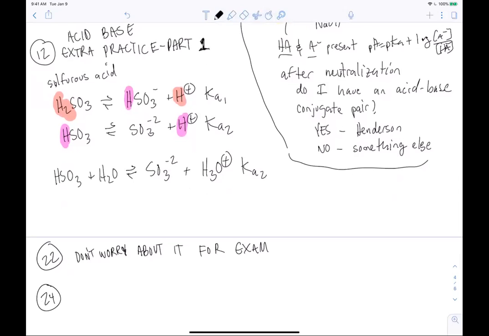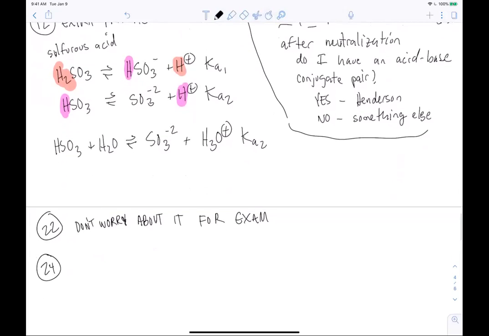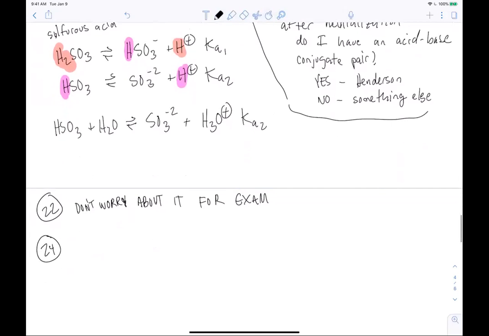All right, so 24 on extra practice 1. This one's just asking what the hydroxide concentration is for an aqueous solution, and you've got H3O plus equal to 1 times 10 to the minus 5th.